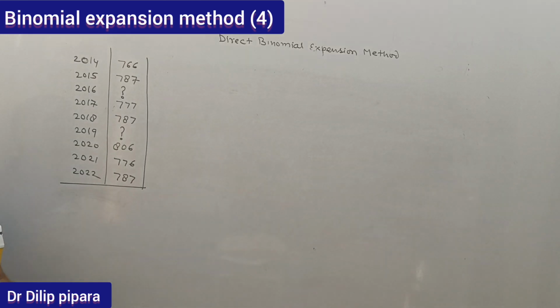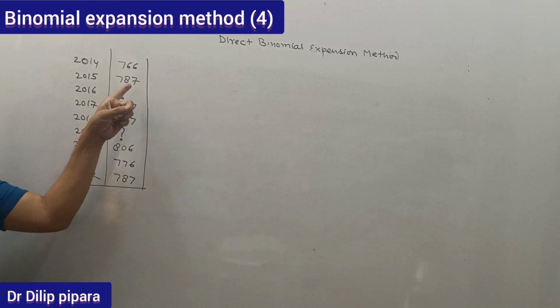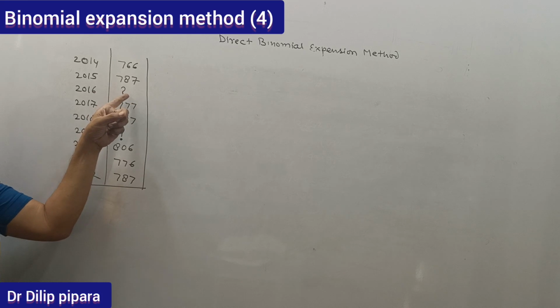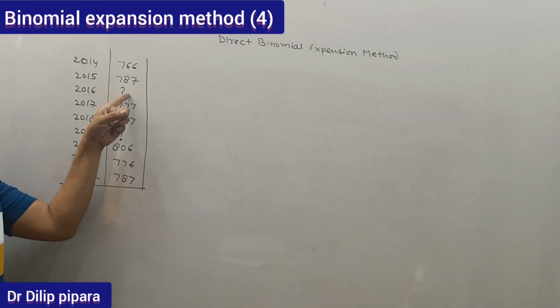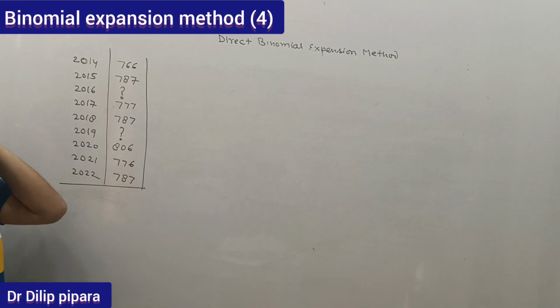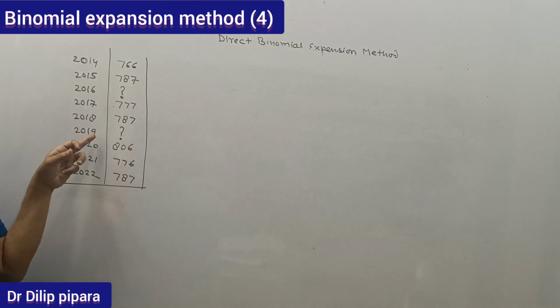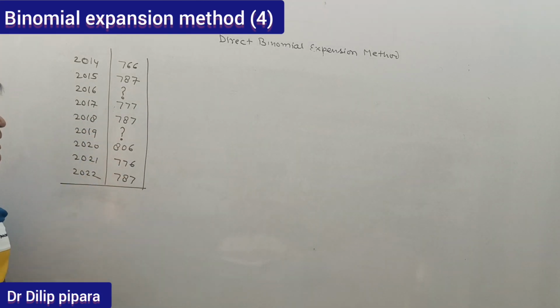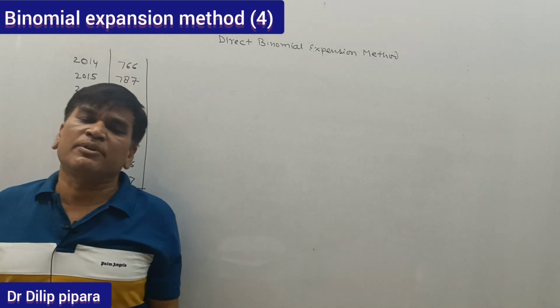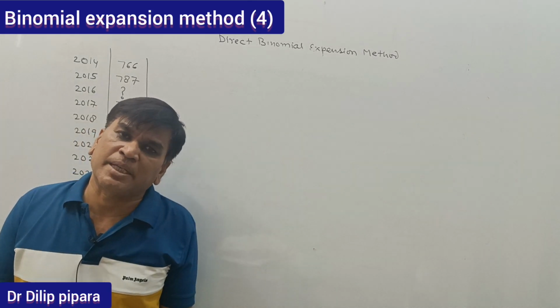In 2014 the production is 766, in 2015 it is 787, then the 2016 production data is missing, the 2017 and 2018 data are given, the 2019 data is also missing, and the 2020, 2021 and 2022 data are given.